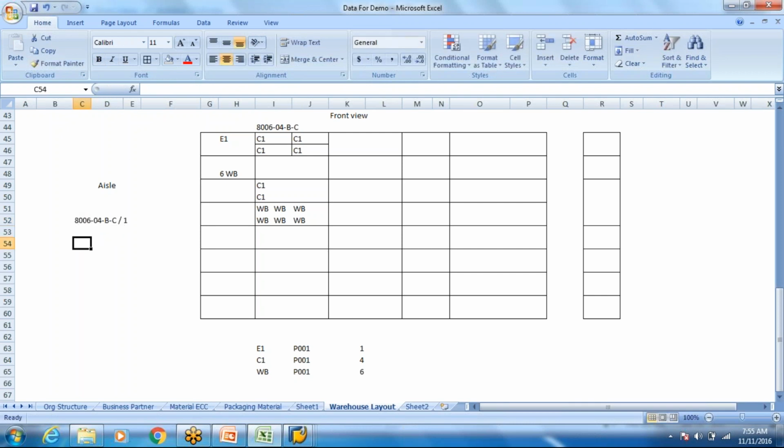When the first HU gets placed, that product HU will go into section 1. That's the first HU which is going in. Then when the second HU comes, you can see the putaway is happening to section 2, then 3. So the system internally divides based on the number.